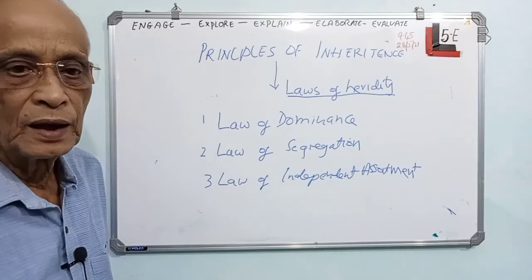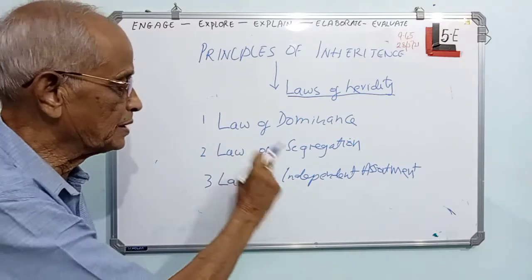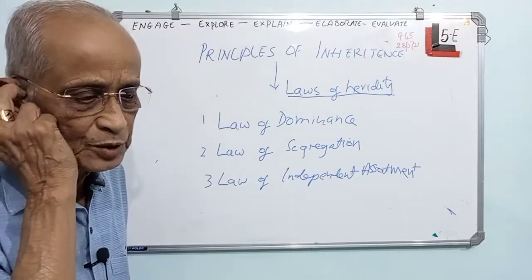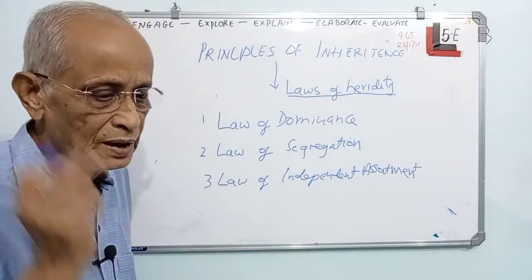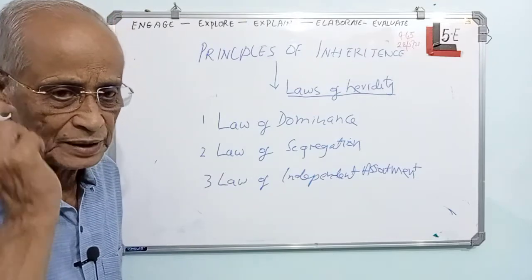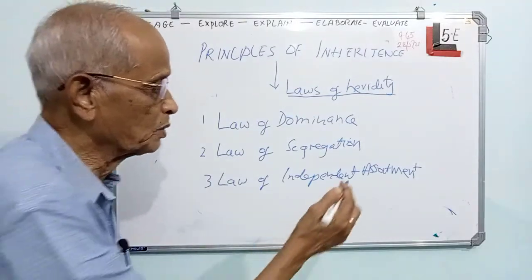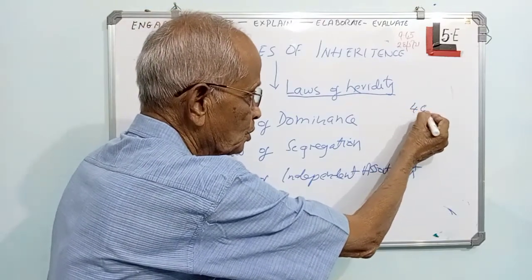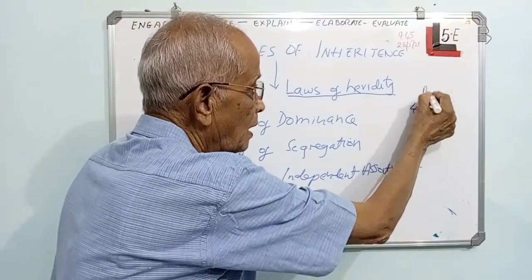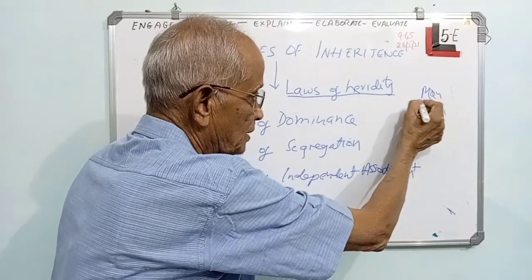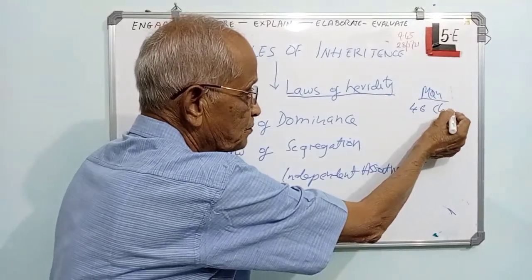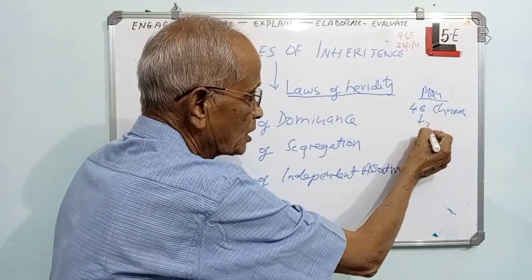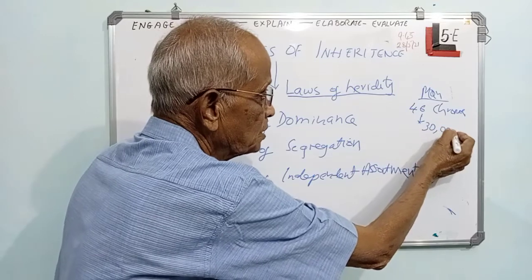Even today, in genetics, these three laws are applied, but in organisms like human beings and higher animals, since the number of genes is more, it is difficult. For example, in human beings there are 46 chromosomes, in man or woman by birth. On each chromosome, there will be 30,000 genes.